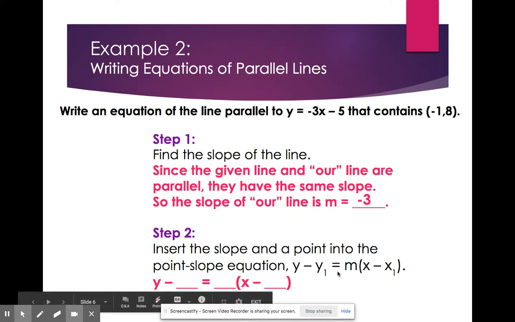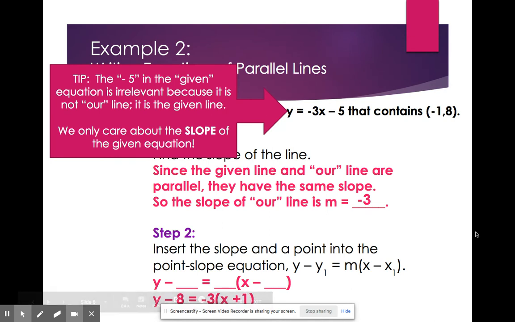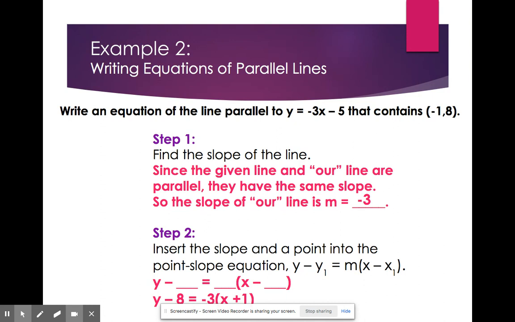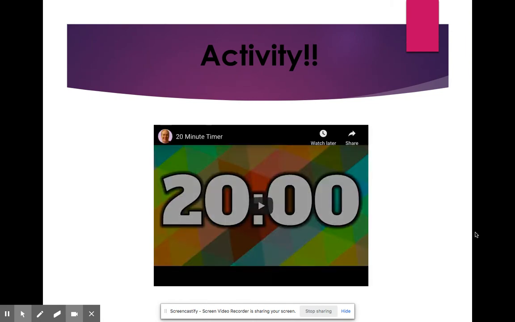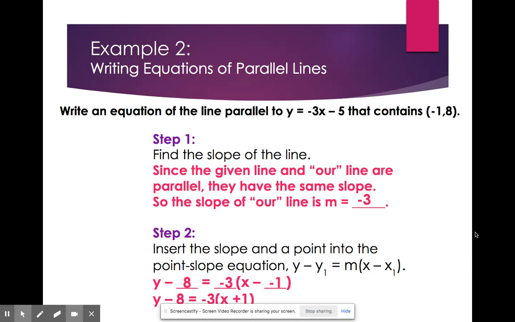Plug those numbers in. A tip: the -5 in the given equation is irrelevant because it is not our line. It is a given line, and we only care about its slope. We go through this process, replace the numbers, and solve, and you'll get your answer.